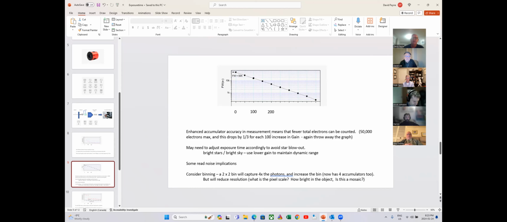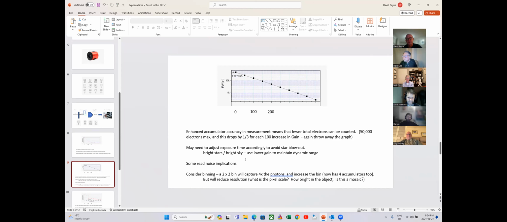You know, the key is to remember this 1/3 for every 100 in gain. There are also some read noise implications and some dark current implications, particularly associated with using gain. So you might have to redo your darks and flats.